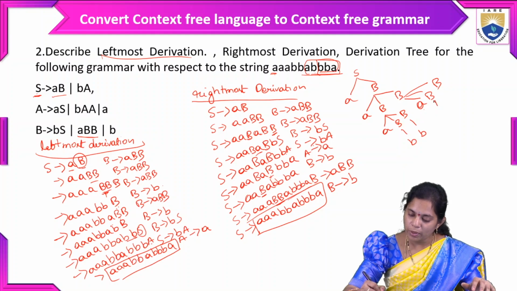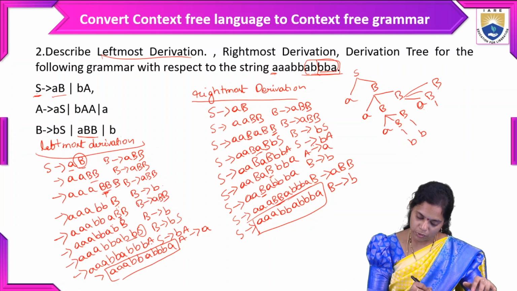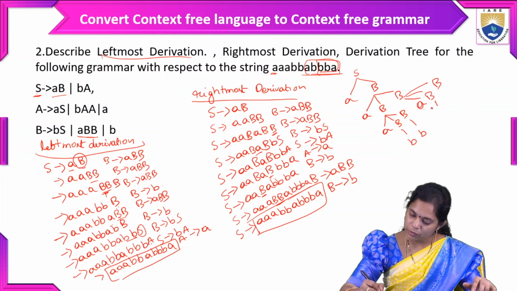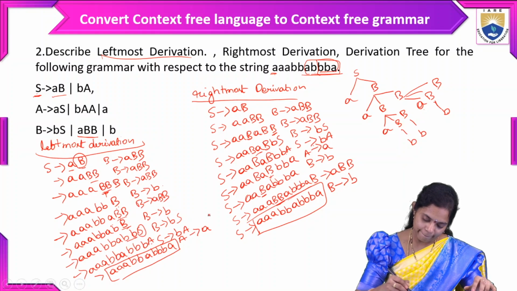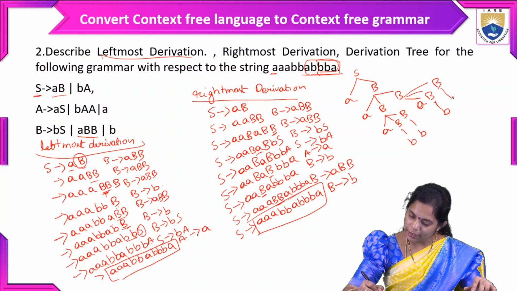So 3 B's require, in the sense we need to substitute the value, so after this one B, we need to replace B with BBA. So here instead of this B we will write BS. So S tends to B, A, and A tends to A.